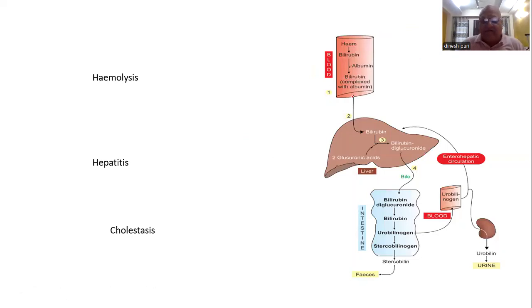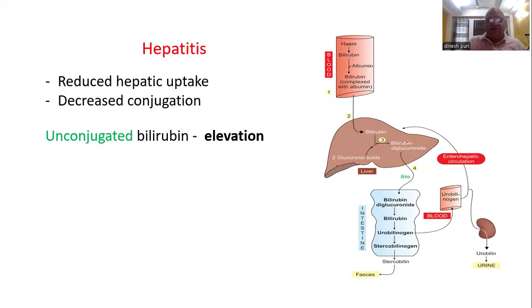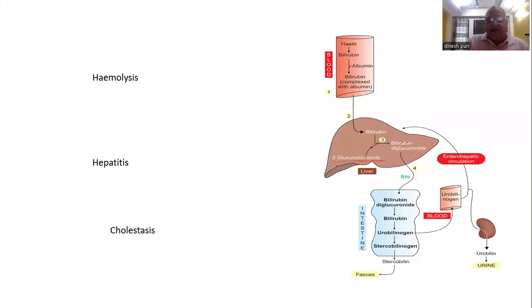Now you see, unconjugated bilirubin is taken up into the liver cells, where it will be conjugated with glucuronic acid molecules to form bilirubin diglucuronide. This bilirubin diglucuronide is called conjugated bilirubin.